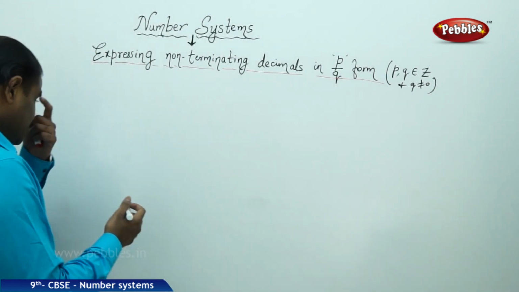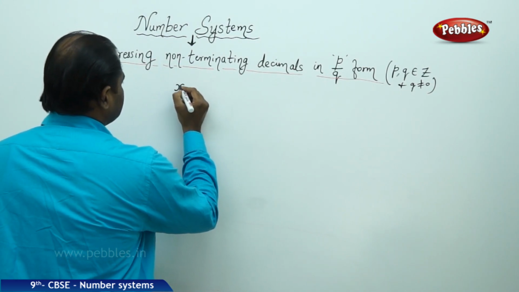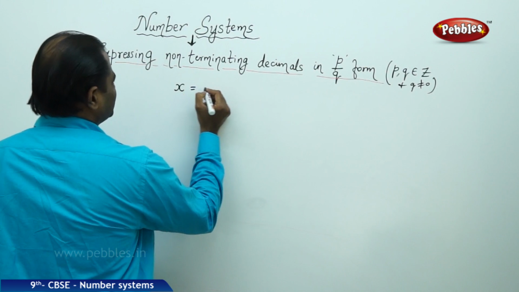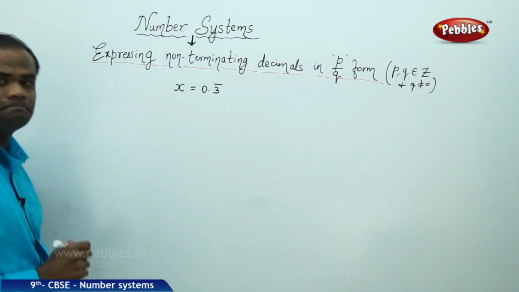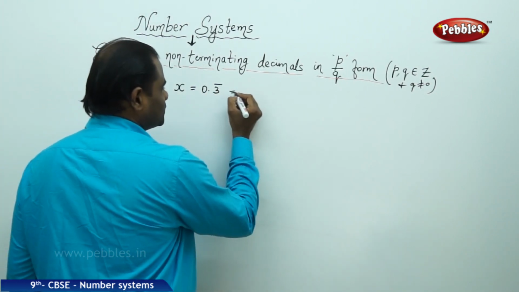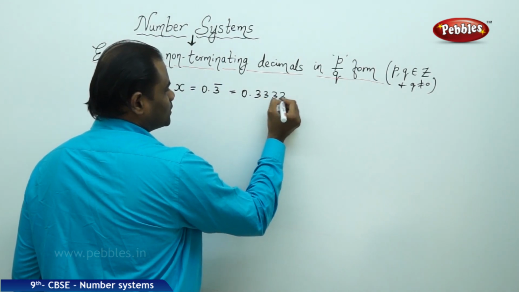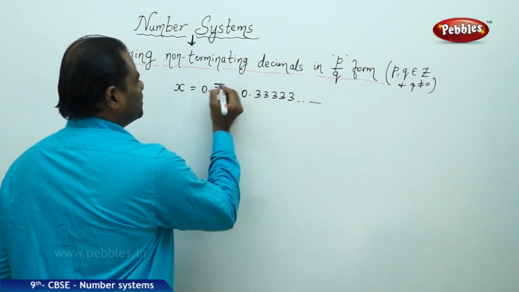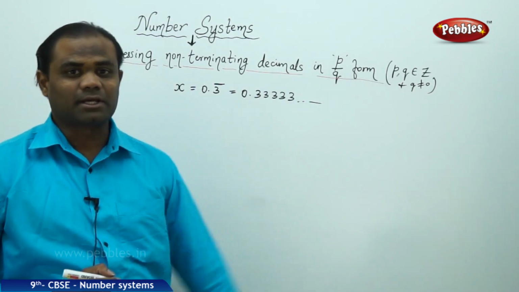For example, I take a non-terminating decimal denoted by x as 0.3 bar. Now the bar is what we have learnt in the lower classes to be a repeating number, which is denoted with a bar. So bar indicates that 3 repeats till infinite times.